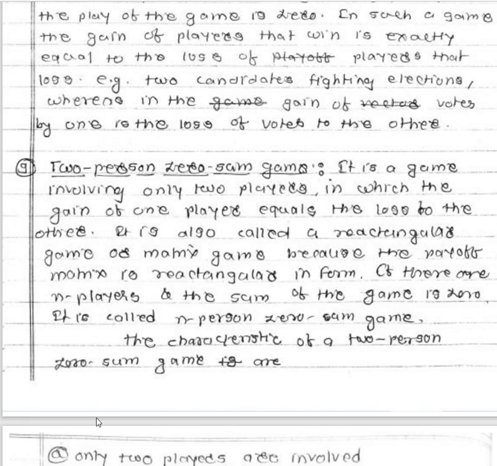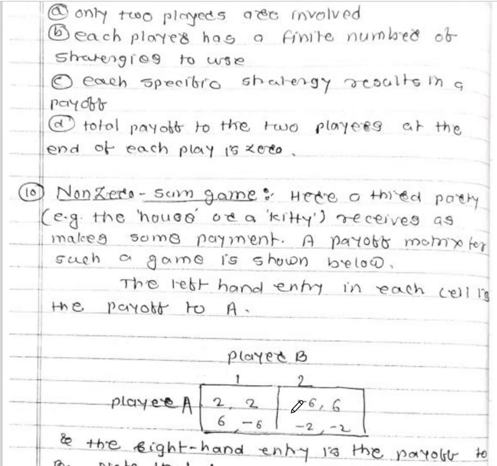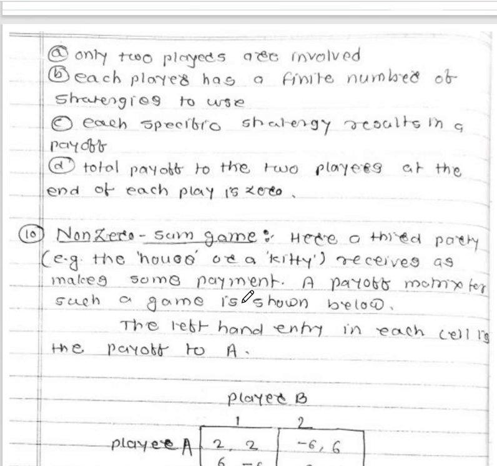Now we will see some characteristics of a two-person zero-sum game. What is the first characteristic? Only two players are involved. So in this two-person zero-sum game, only two persons are allowed. Each player has a finite number of strategies to use, so there is no limitation on each player using a finite number of strategies to win the game.